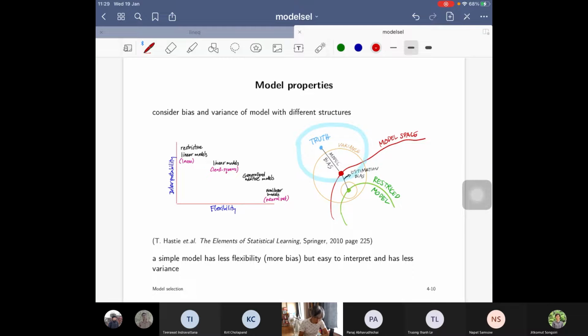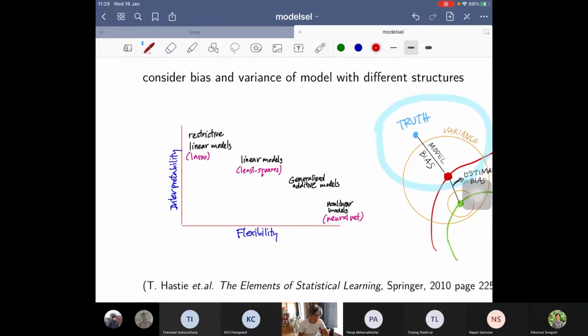Here, I put a sketch where you take a look at two aspects of models. In one direction, you look at flexibility. Flexibility means the degree of freedom, the ability to adapt to explain the model.